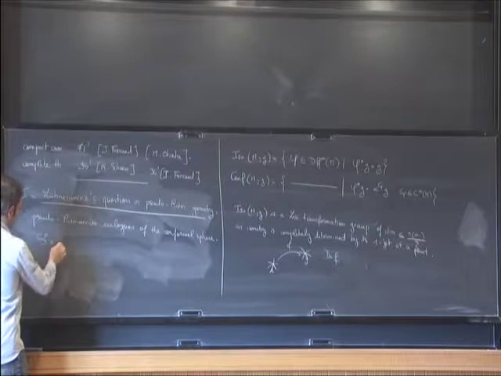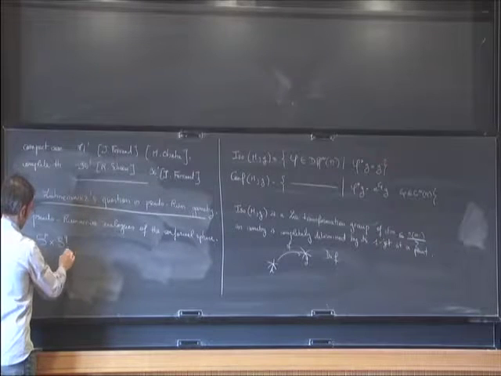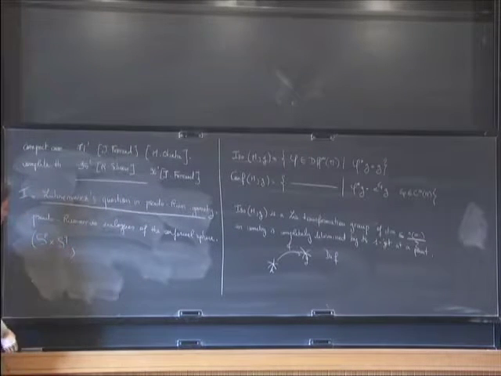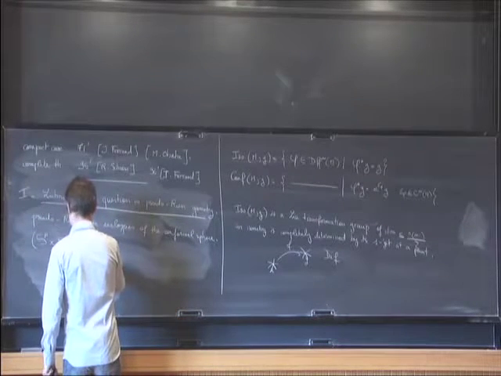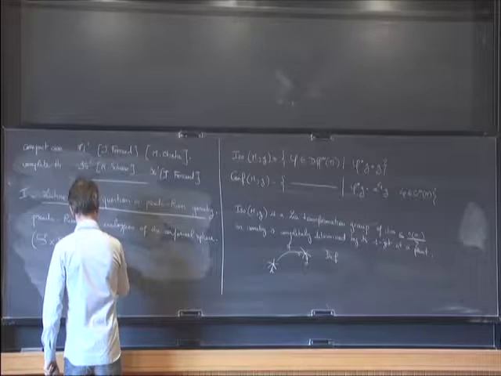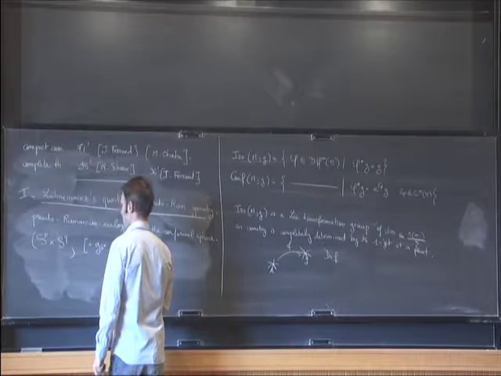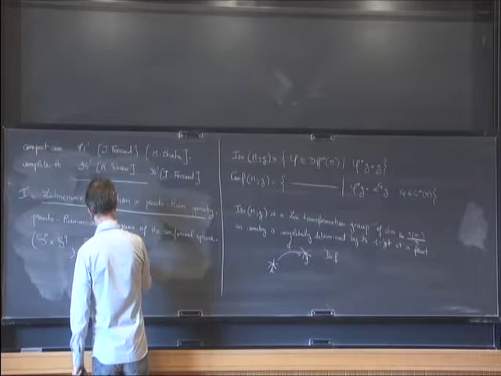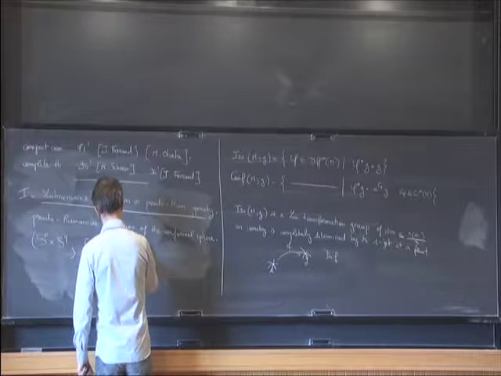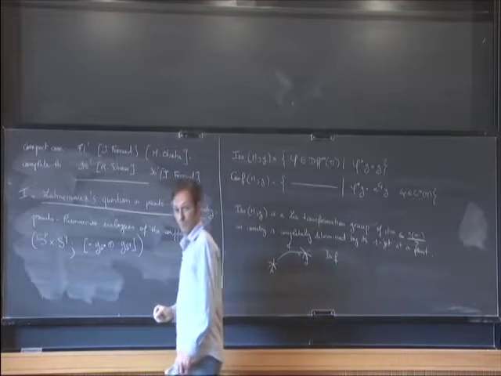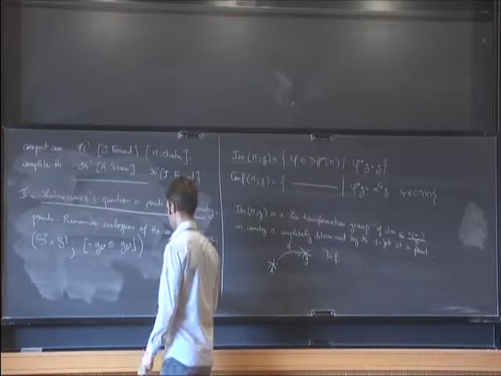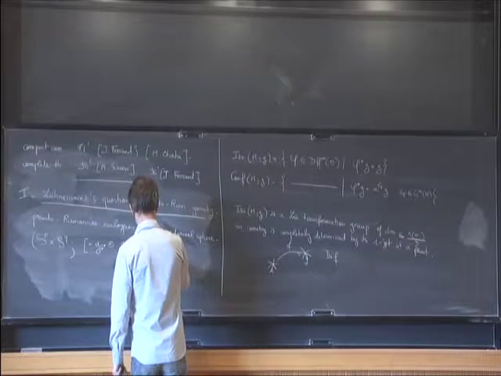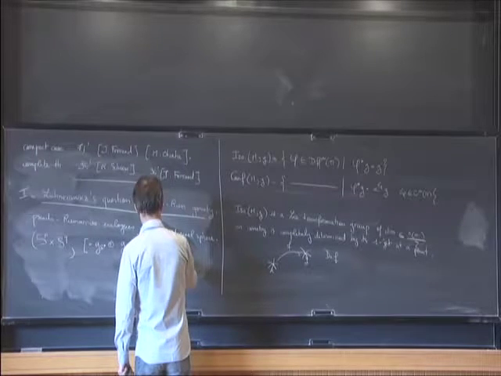Those are the products SP cross SQ that you endow with the most natural conformal class of signature PQ you want to put on this product, namely minus the round metric on SP plus the round metric on SQ. Okay? And those spaces are called Einstein's universe of signature PQ.